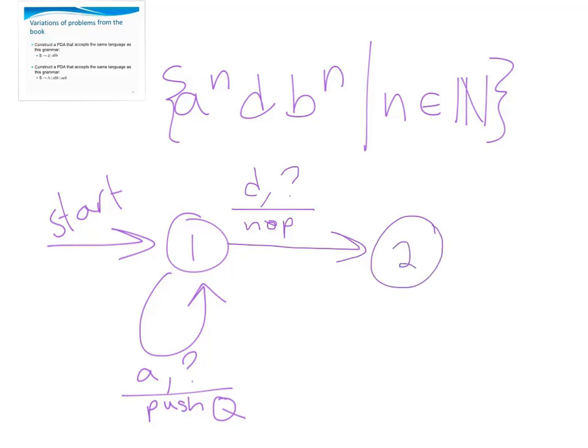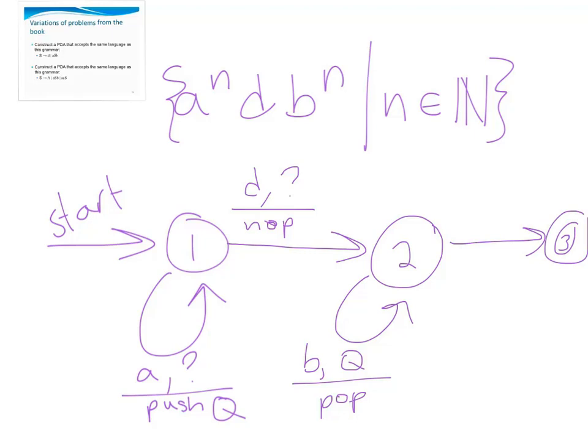And if I'm at state 2, if I see a B, and I match that up with a Q that I pushed on the stack to keep track of my A's, then I will pop. And hopefully if I have the same number of A's and B's, I'll end up with an X on the stack. And so then I can move with a lambda, X, no-op to state 3 where I accept.